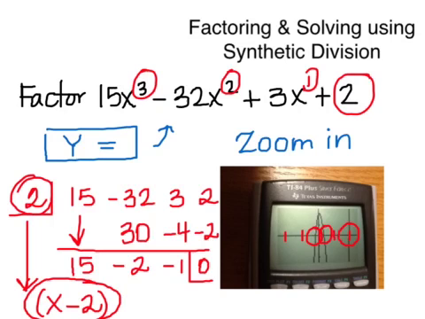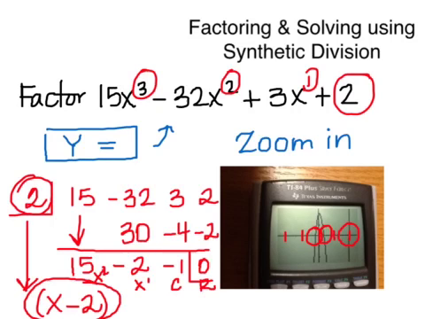Then you'll recall what all these numbers at the bottom of the synthetic division mean. You have a remainder here, which is 0. Then the very next one to the left is a constant. Then this one will be your x to the first coefficient, and this one will be your x to the second coefficient.